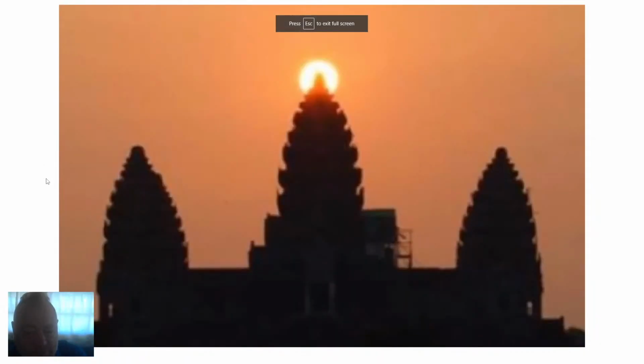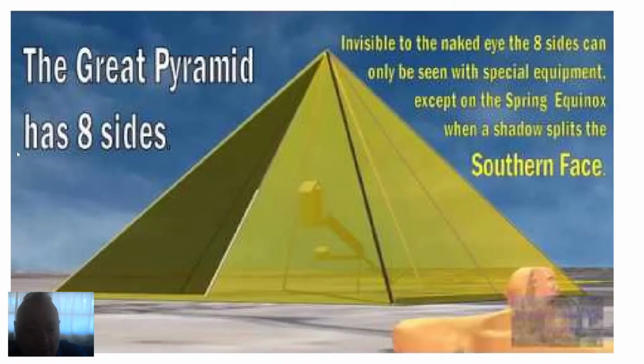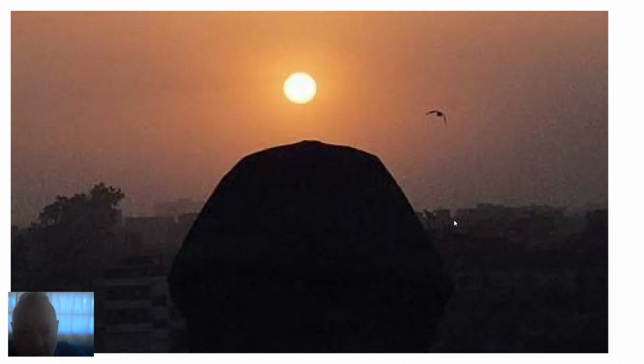The final point is that the Great Pyramid, and not a lot of people know this. Look at this picture. It's really old. So the final point was that it's been designed with 8 sides, and you can't really tell, except on the equinox.